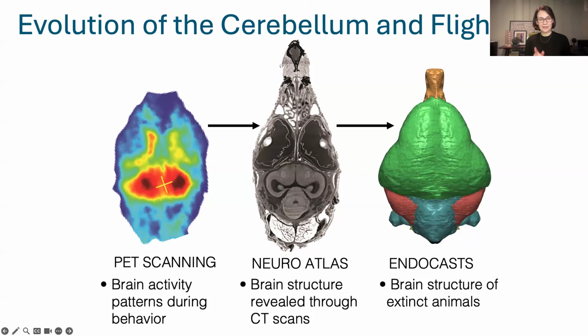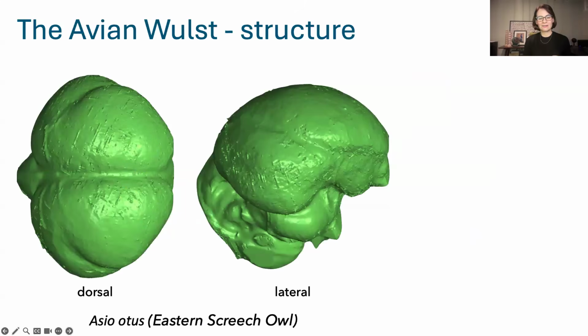And so, with that in mind, I am going to really quickly take us through one more transformation that I think plays a role in the evolution of flight. And that is this structure called the vulst.